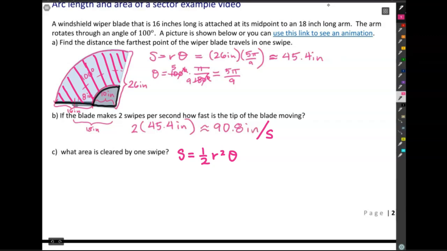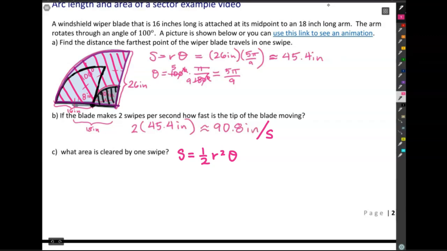But that's not actually true. What that really gives you is if you rotated around this point, that 16-inch radius. So it's a smaller chunk. It's not going to give us as much as we want. So that does not work. Avoid that temptation. What you're going to have to do is find the area of the entire thing and then subtract off the area of that little inner 10-inch radius section that we miss.